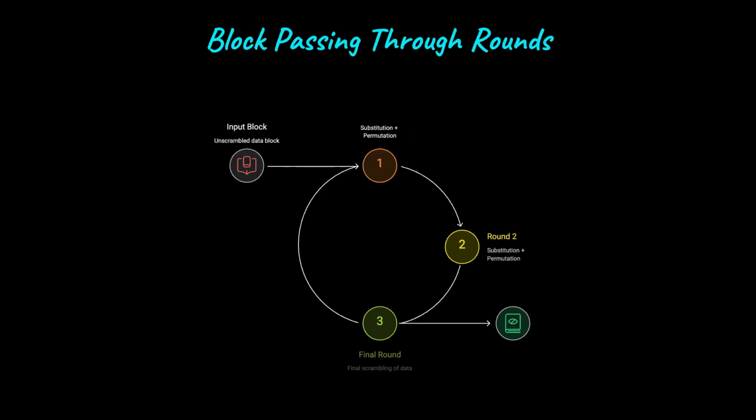Picture a block of data entering round 1, substituted and permuted under the first round key, then emerging more scrambled and entering round 2 under a different key, and so on through every round. By the final round, a single input bit has influenced essentially all the output, leaving no pattern to grasp.